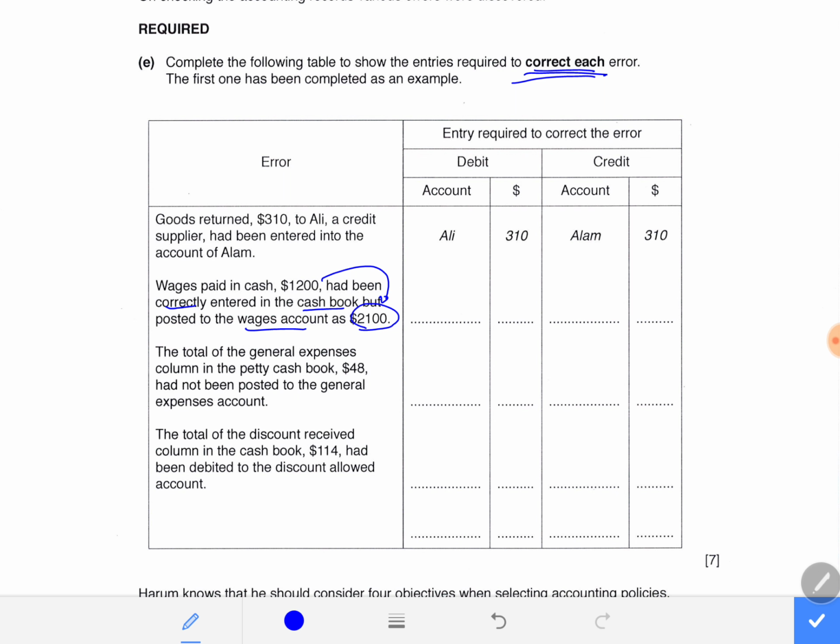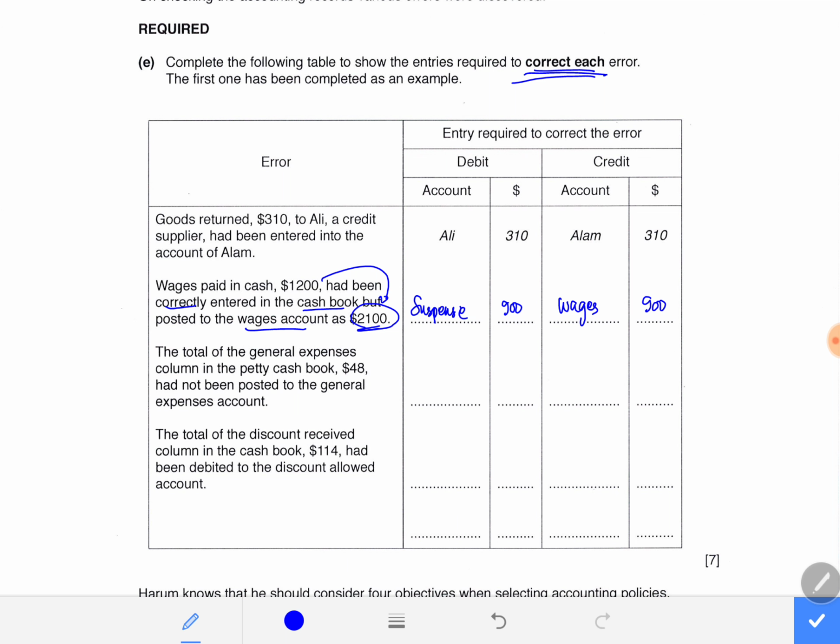Wages is an expense, and you reduce expenses in the credit side. So you move to credit side, wages. And the difference between 2,100 and 1,200 is 900. So you put 900 over here. Since only one account made a mistake, the debit entry is not cash or bank, but you have to put it with suspense account because only one single account made the mistake.